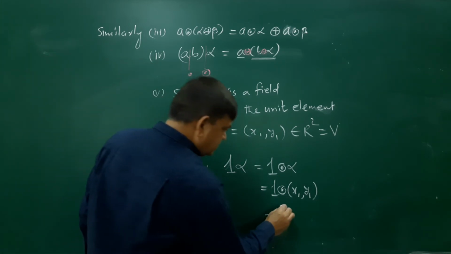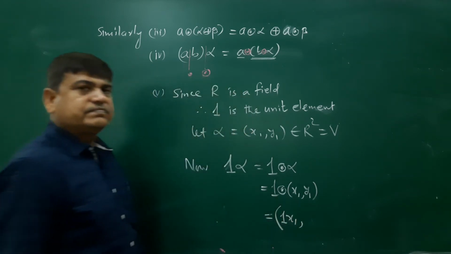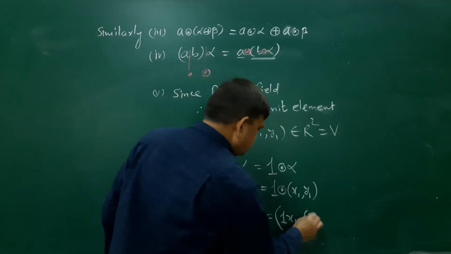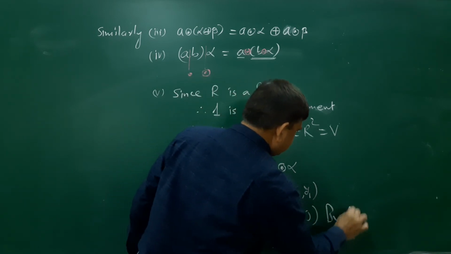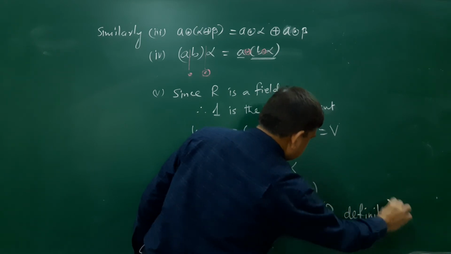According to the definition, it is 1 into x1 comma 0 by definition. Given.